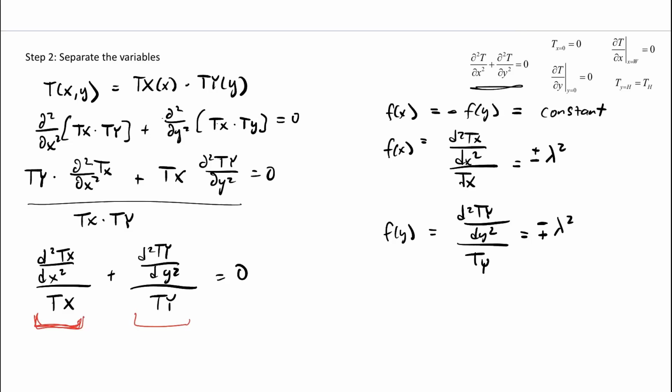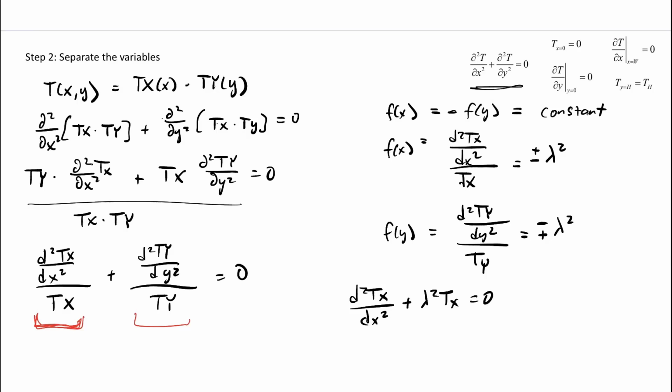In this case, we want it to look like this: d squared Tx over dx squared equals positive lambda squared Tx equals 0. I may have said that backwards, but this is what we want.